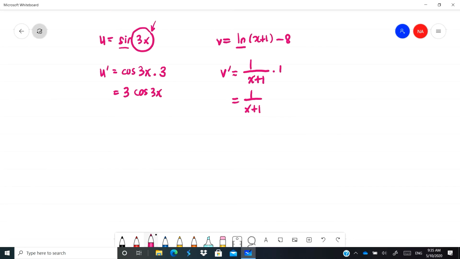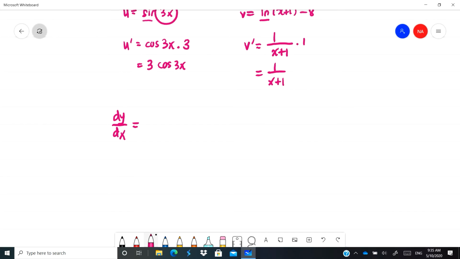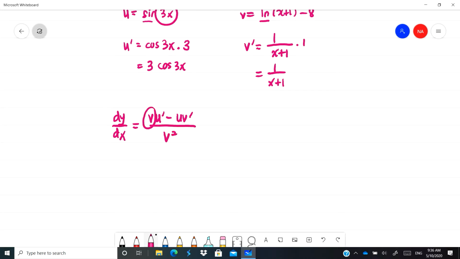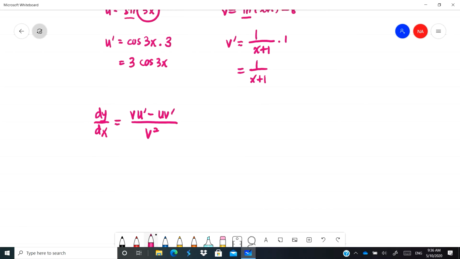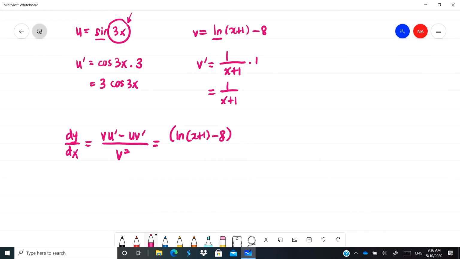Now we can find dy over dx using the formula for u over v, where we start with v u prime minus u v prime over v squared. If you can't remember the formula, note the v and v here. So we're going to substitute into the formula. v is ln of (x plus 1) minus 8, multiplied with u prime, so we'll get 3 cos 3x.